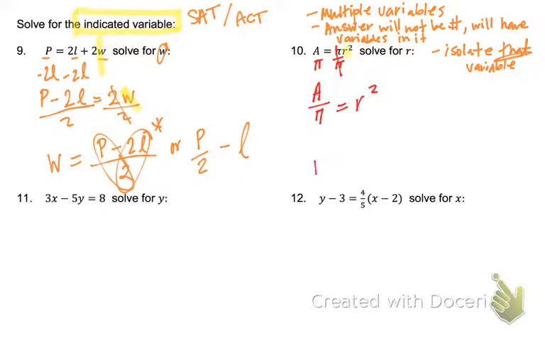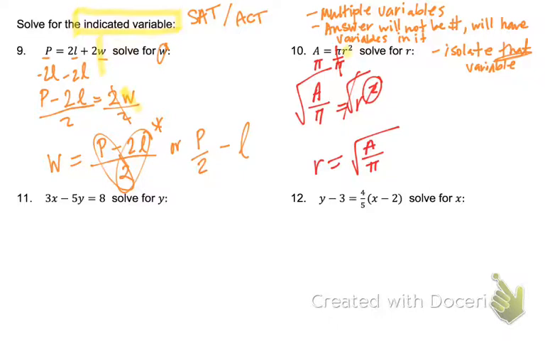And I want my final answer to be an R equals, right? So, an R squared equals is not fully finished. If something is squared, what's the opposite of squaring something? Square rooting it, right? And then those just go away. So then I've now got R equals the square root of A over pi.